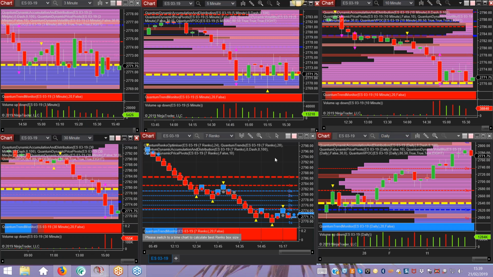And in the middle I've got the Renko running on a 7 brick at the moment, which is basically 1 3/4 points for that index. That's automatically generated. It's the optimal setting right now. It's the Renko optimizer. We just click on the time frame. I've selected a minute, and that's the optimal brick size for the market at the moment.